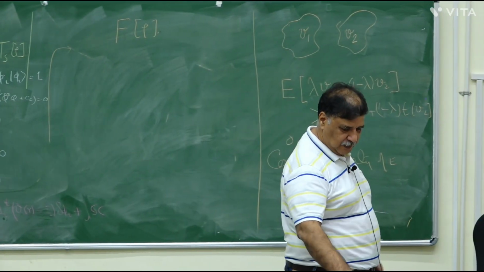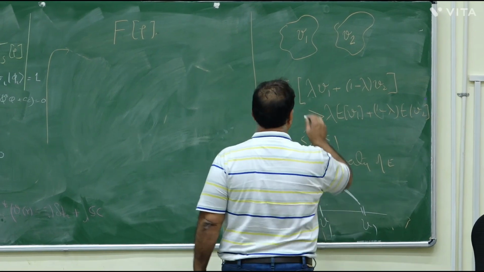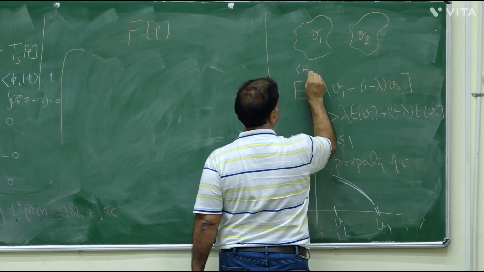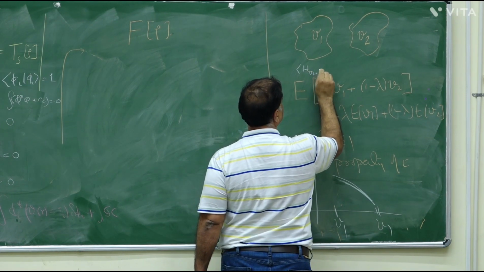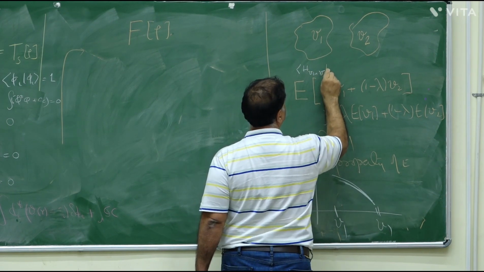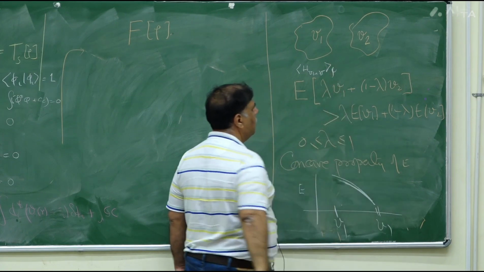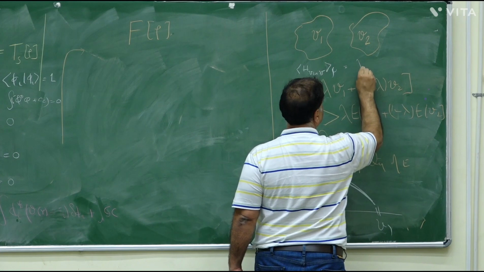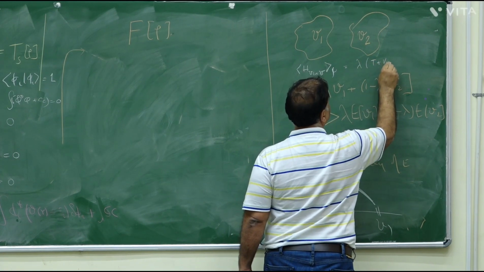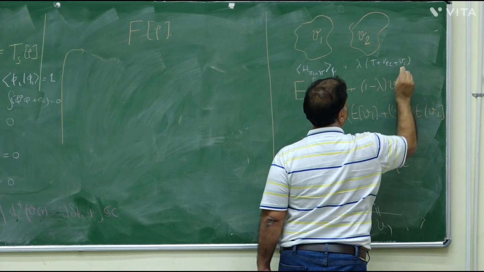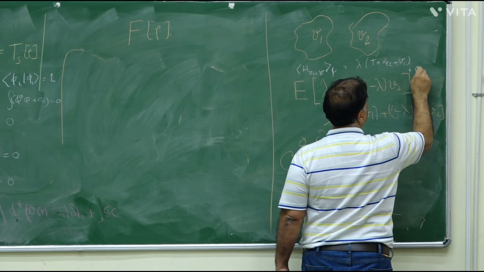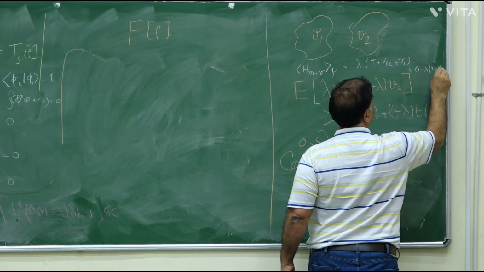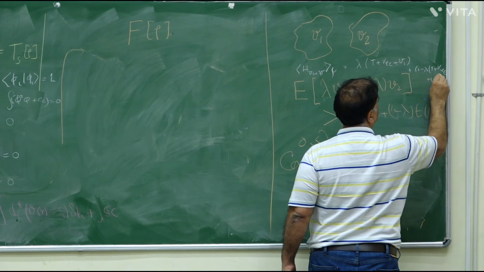So how is it done? Very straightforward. Suppose the wave function is psi. Then I have H[V1] plus lambda V2 with respect to psi, which is equal to lambda (T plus Vee plus V1) plus (1 minus lambda)(T plus Vee plus V2).